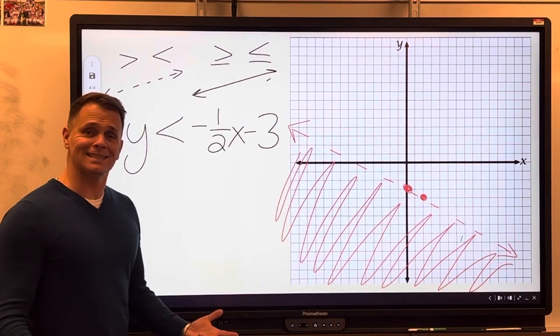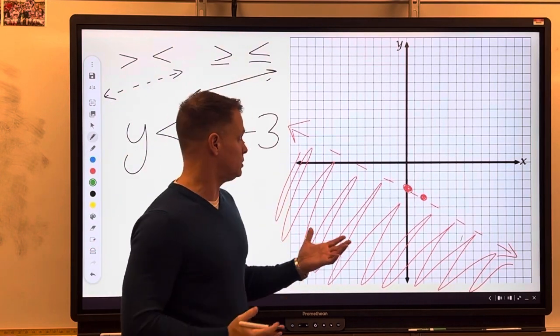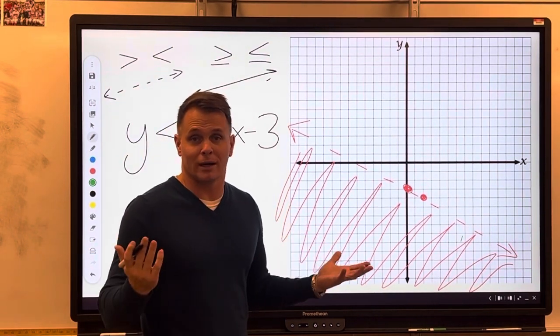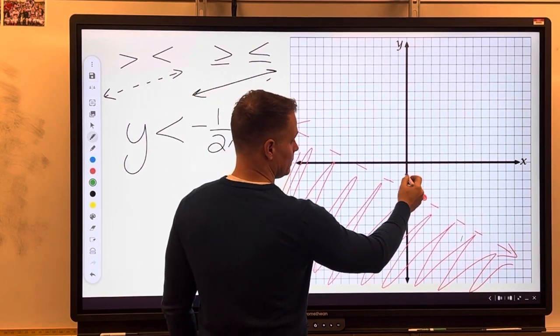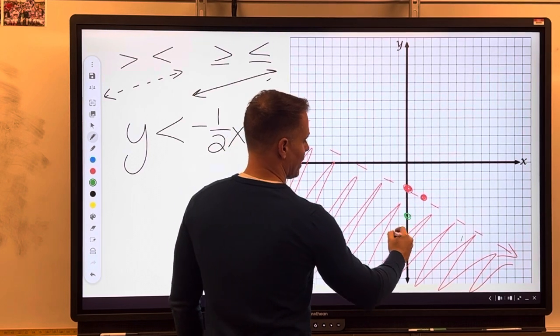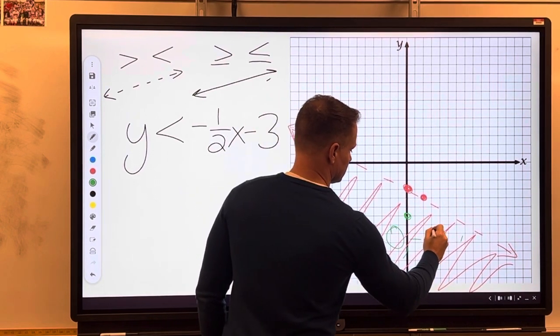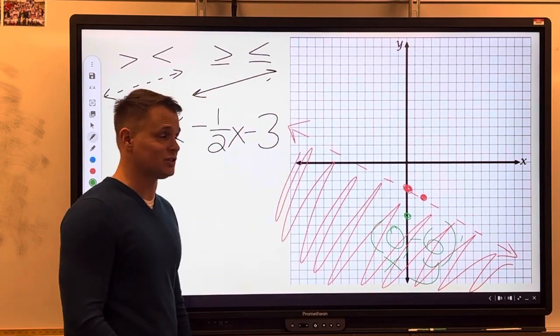Now if you wanted to test that out for some reason, or if you didn't know that method, you just wanted to test coordinates. Let's say I pick 0, -6. The x value is 0 and the y value is -6.